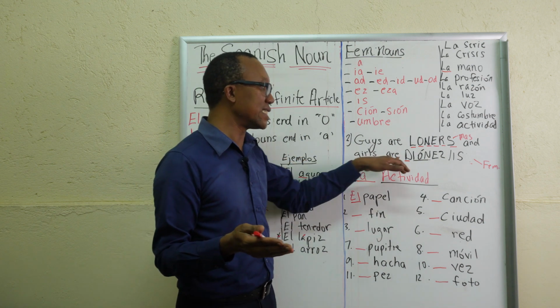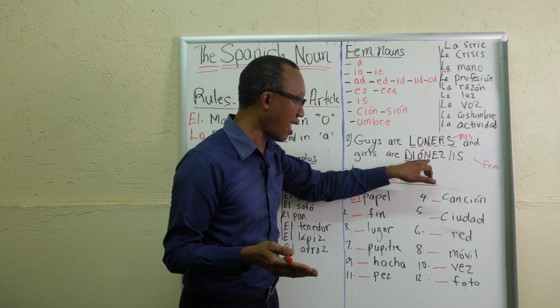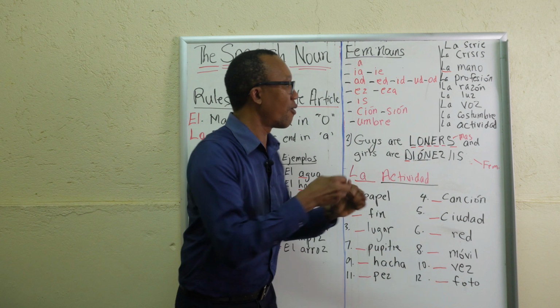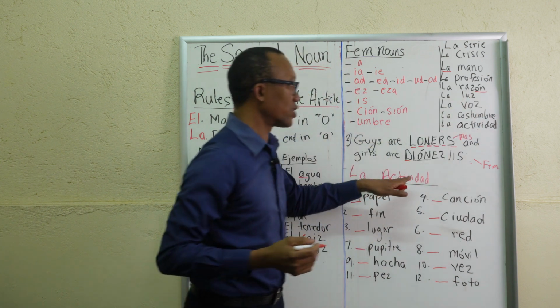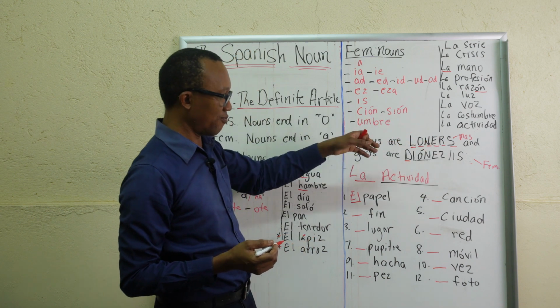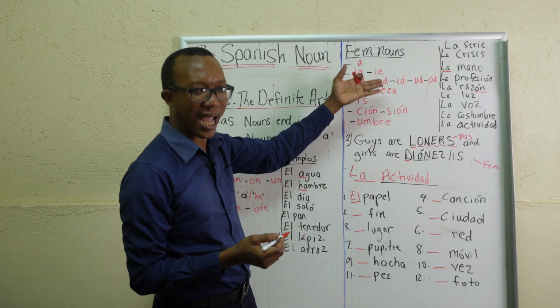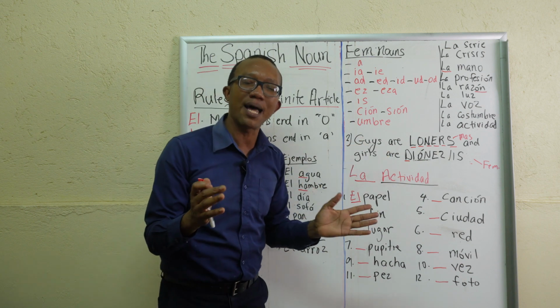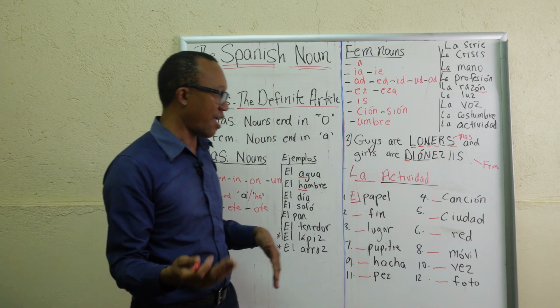Versus if the word ends in D, I-O-N, or it can be O-N, like razón, la razón, you're going to use la, or E-Z or I-S, which is similar to the previous guideline. But again, you can choose the ones that make you comfortable to remember and you practice.